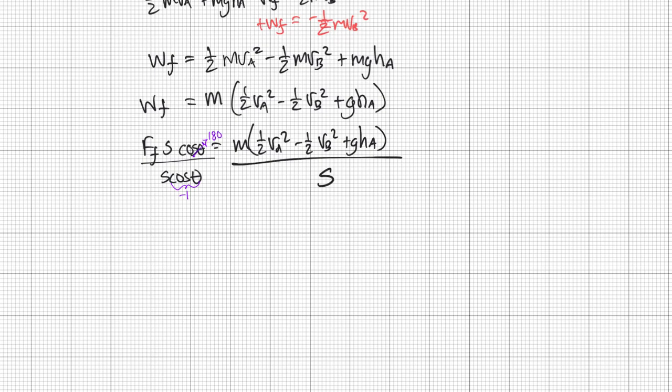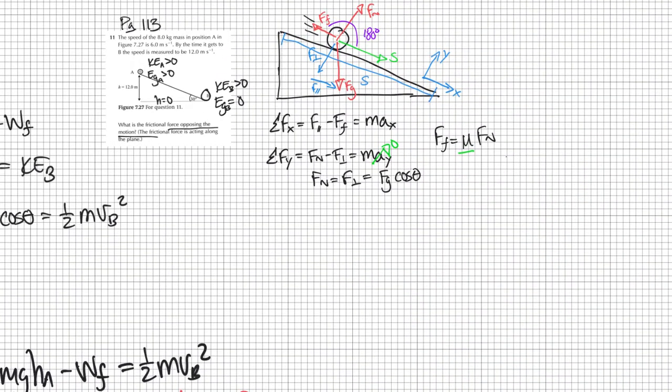And I'll explain here at the end why we can really just drop that -1. Again, this is just looking at the direction of work. So we can divide by S. But the problem is we don't know what S is, right? If we look at, we know the height, we know this angle, so we can solve for S, and that's what I would do.